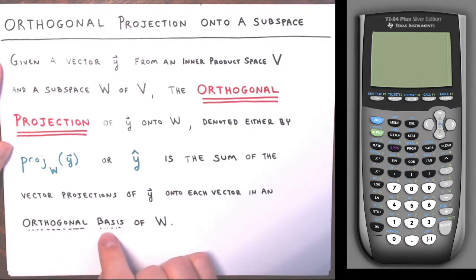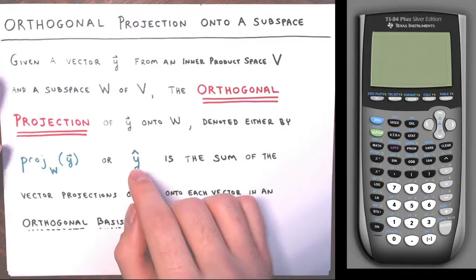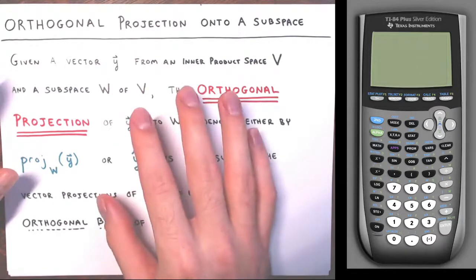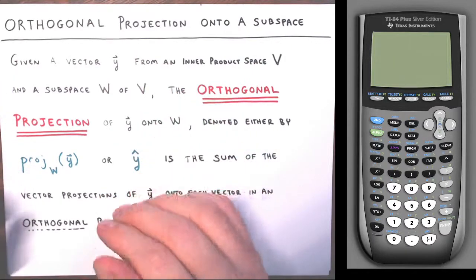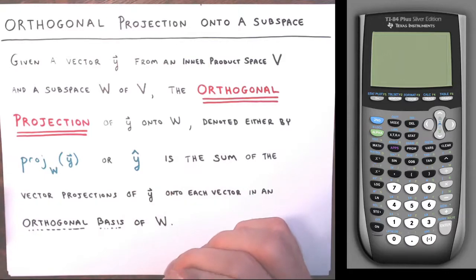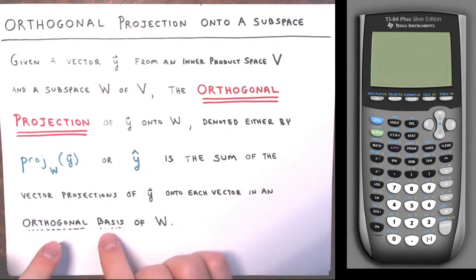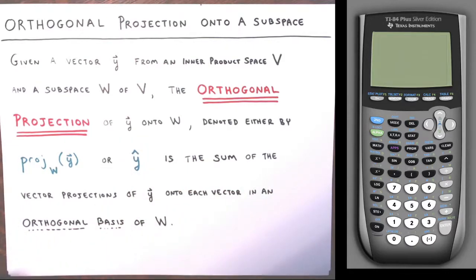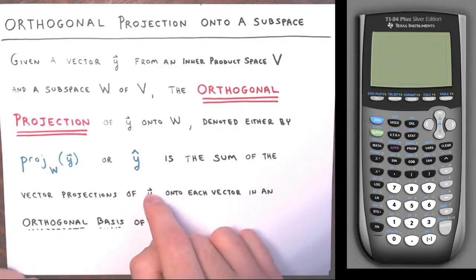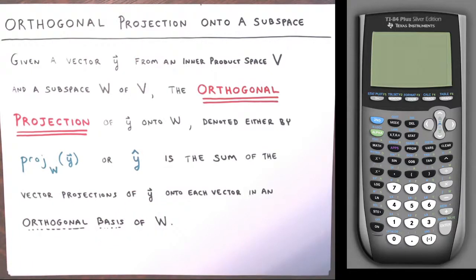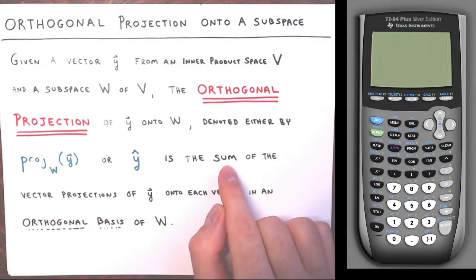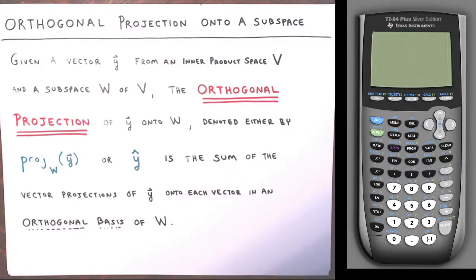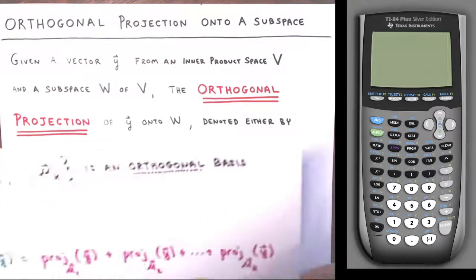So in order to find this vector projection of Y onto subspace W, I need to know an orthogonal basis of W, and then project Y onto each vector in that basis and add them up. Right, it's the sum of those vector projections.